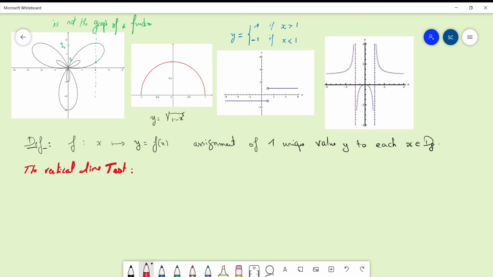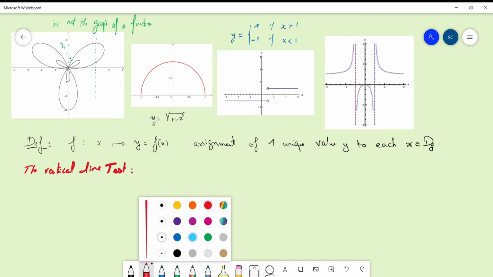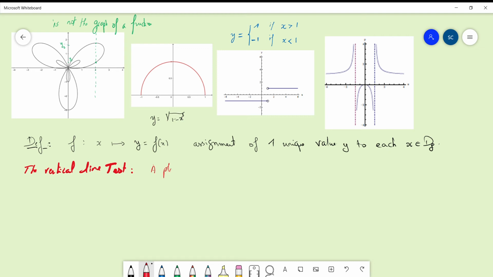It just says that a plane curve is the graph of a function if and only if no vertical line intersects the curve in more than one point, more than once.